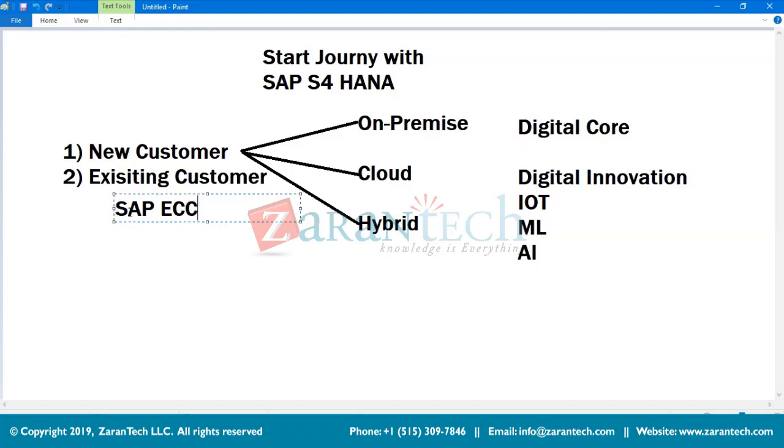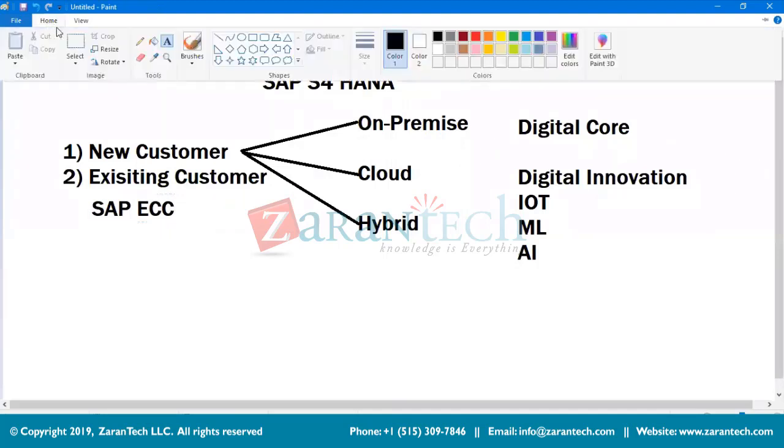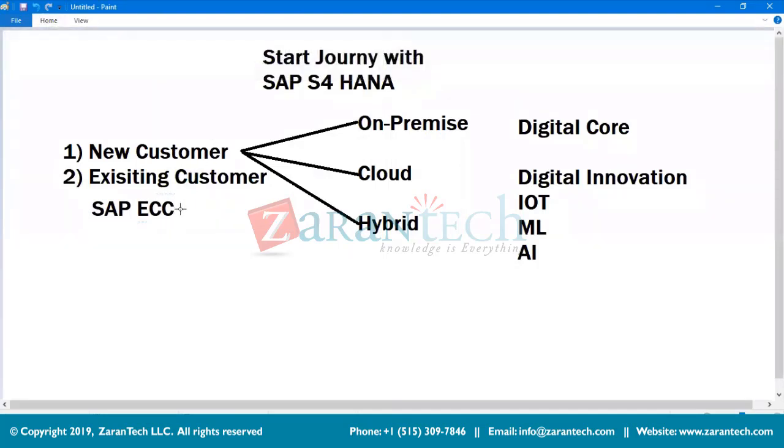Now he has only one option. If he wants to start the journey, without any new application, directly he can do the conversion of SAP ECC to SAP S4HANA on-premise only. Existing customers can only go with on-premise.